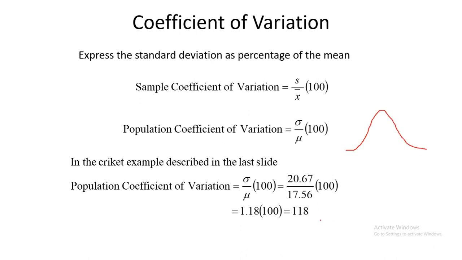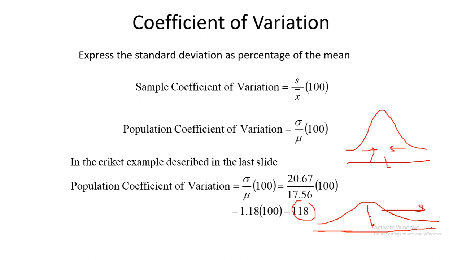But if it is more than 100, like this 118, it means data is more spread like this. So values are far from your mean. Here the values are closer to your mean. Here values are far from your mean. So this is another measure which tells you more information about the data.